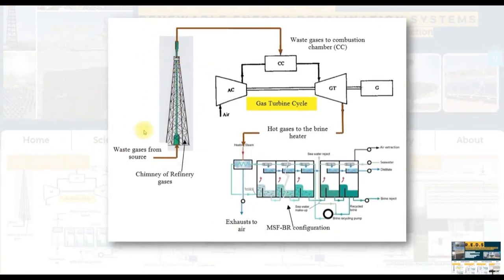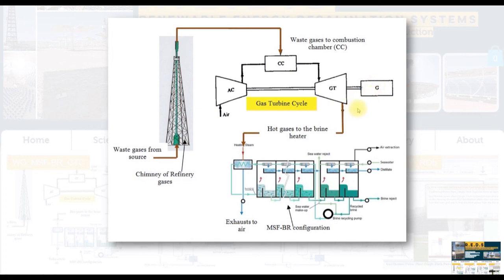This is waste gases from the oil refinery. We are not going to burn these gases. We are going to utilize these gases with a combustion chamber. This is the third scenario, a gas turbine cycle, with a high pressure turbine and a low pressure turbine in order to produce sufficient power for us.